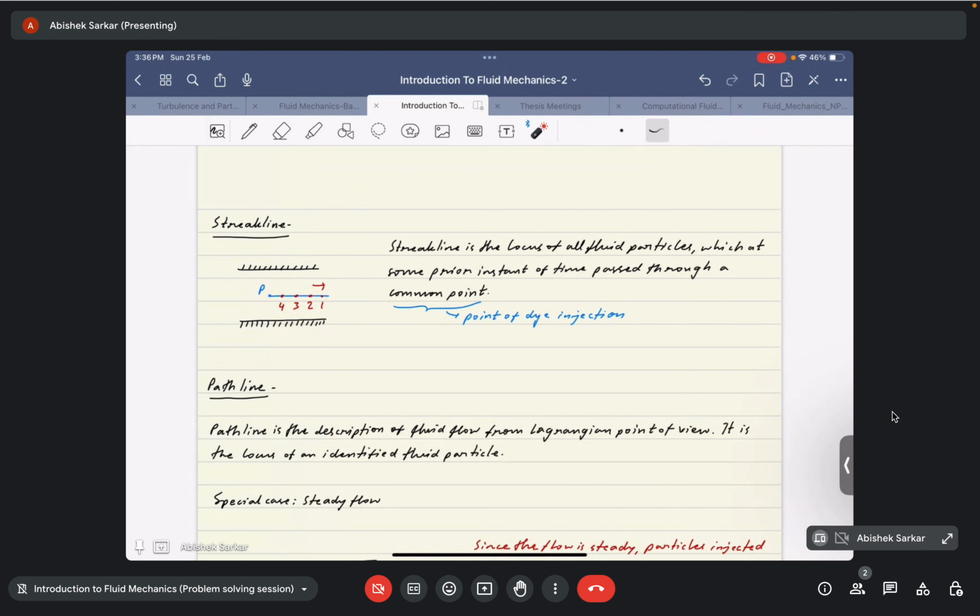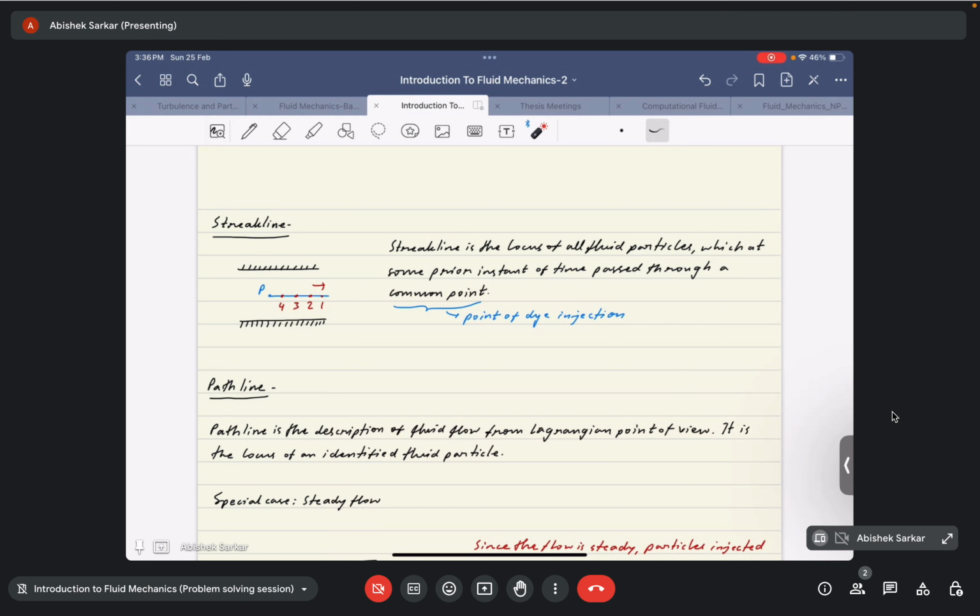So the commonality between all these particles is that all of them have passed through point P at some instant of time. Okay, at least for some instant of time they were at point P and have now traveled certain distances. It is not necessary that they should all be aligned to the same line.